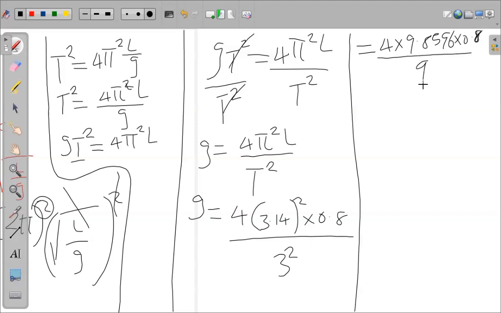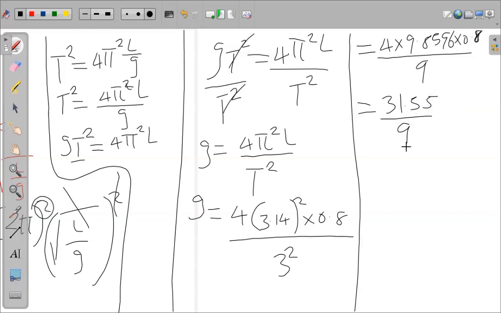If I multiply all what I have up there, 4 times 9.8596 times 0.8, I'm going to have 31.55 divided by 9.